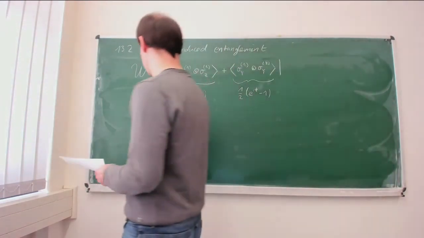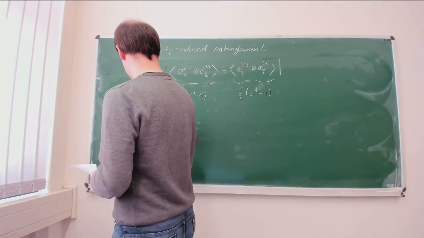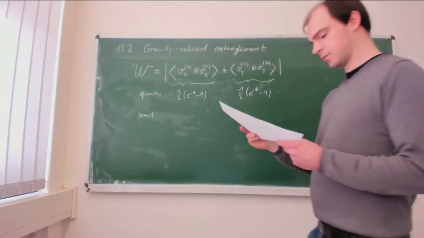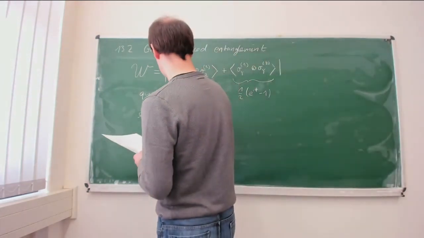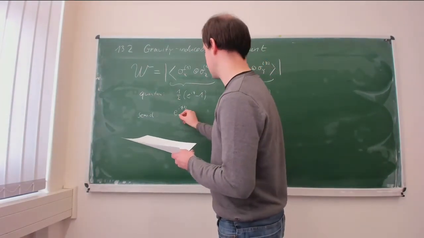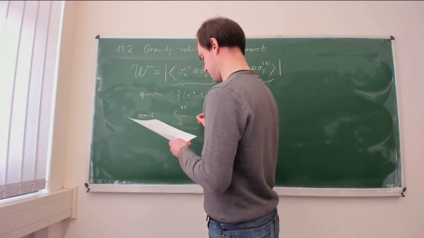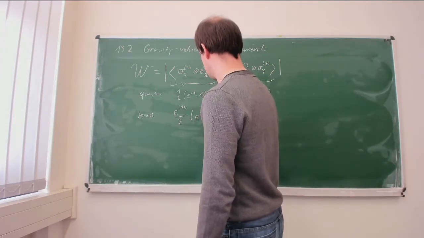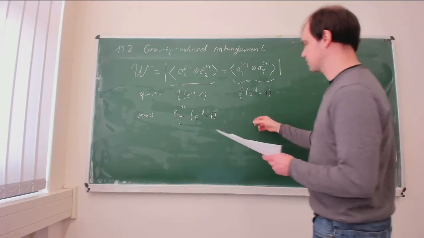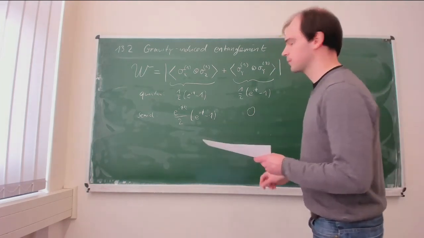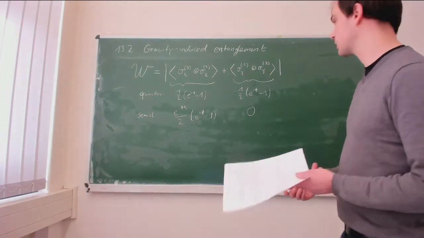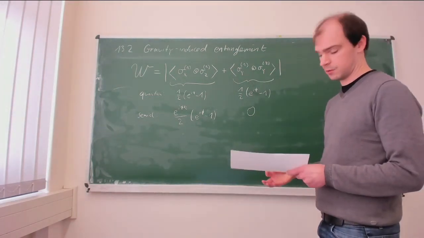And we can do the same calculation with the semi-classical state that we found. And we find that this one is e to the i phi half e to the i phi minus 1. And this one is actually 0 for the semi-classical case. So there is no such correlation of the spins in y direction.